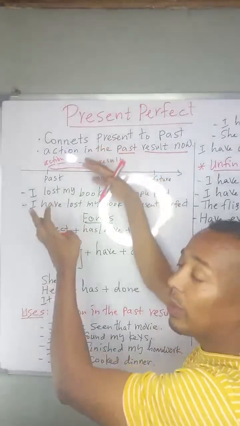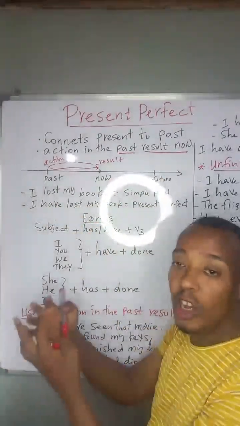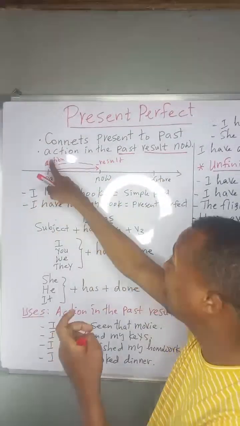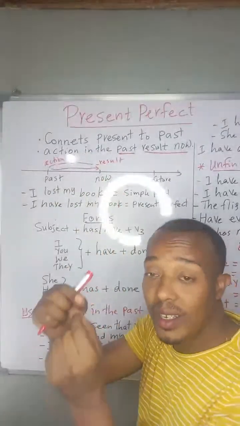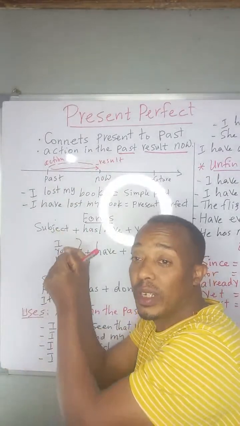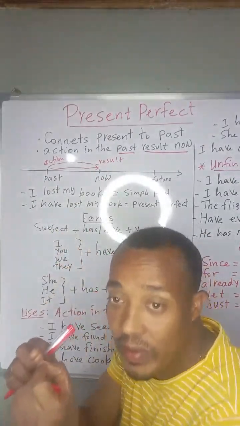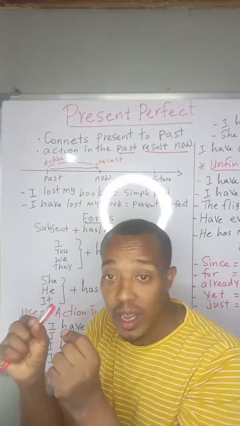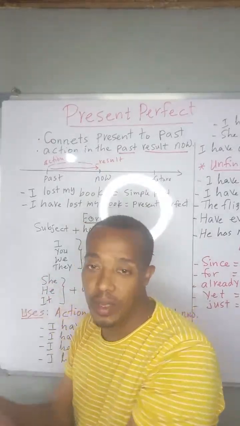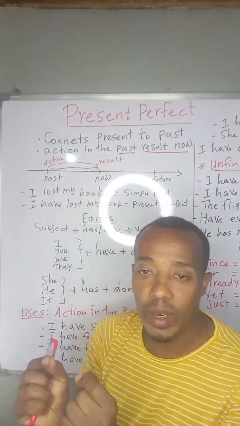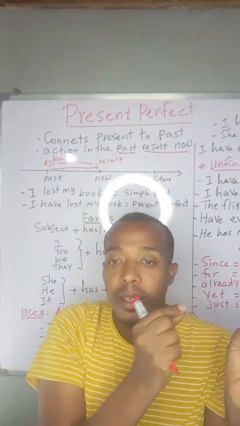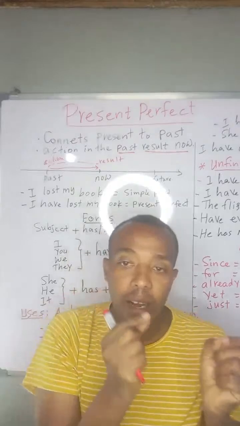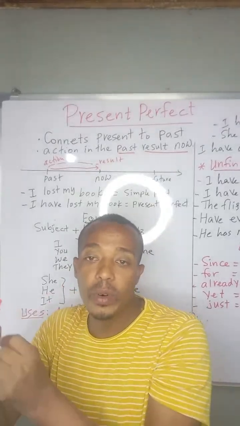So whenever we talk about present perfect tense, we are connecting past to the present. How? One, an action started in the past and continues to the present. For example, I have taught English for 10 years.